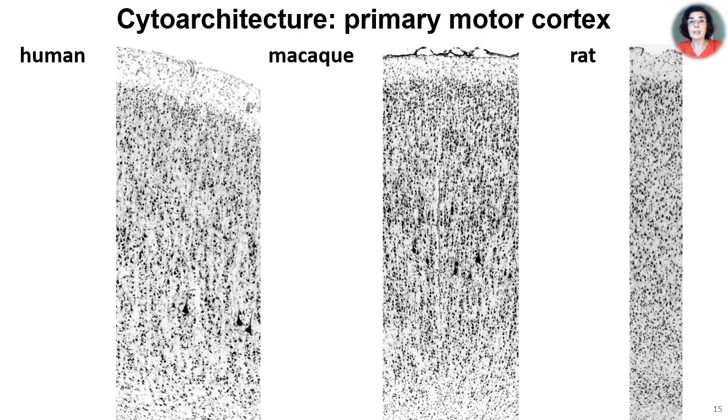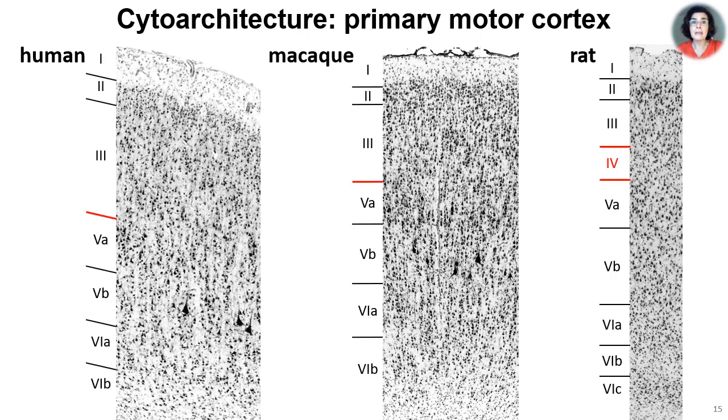Layer 4 can't be seen either in silver cell body stain sections through the macaque primary motor areas, but layer 4 is clearly visible in the primary motor cortex of the rat brain. Furthermore, layer 5B of the primate cortex contains a specialized type of pyramidal neuron, the so-called Betz cell, but the rat primary motor cortex does not present these gigantic pyramids.